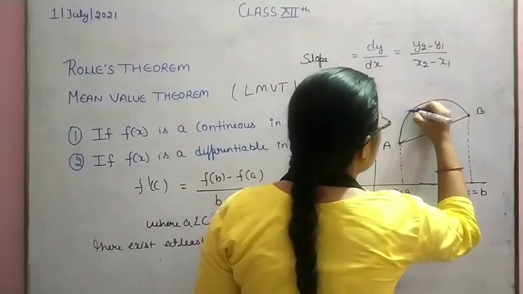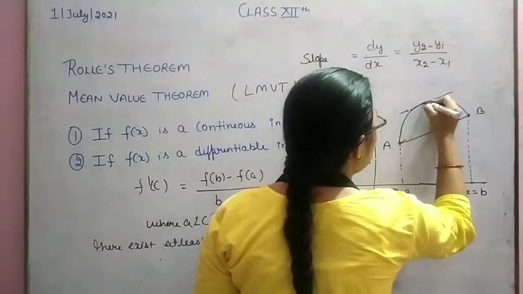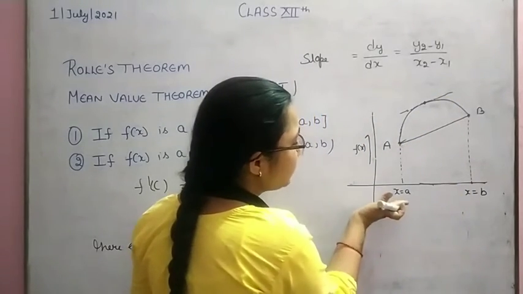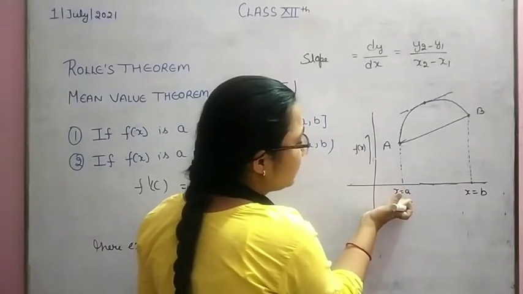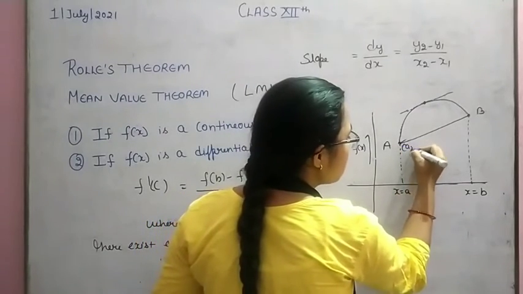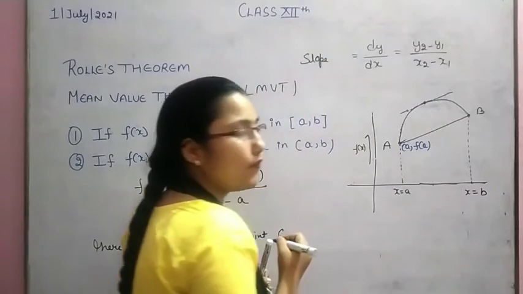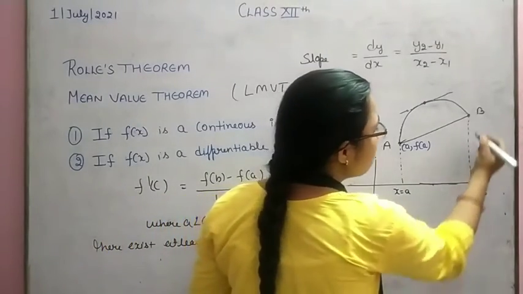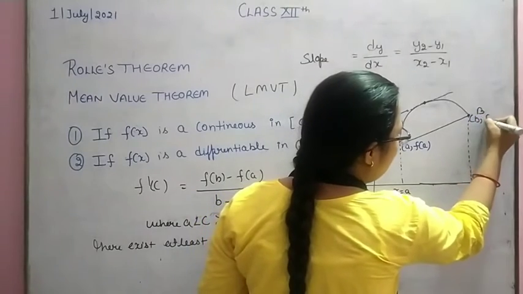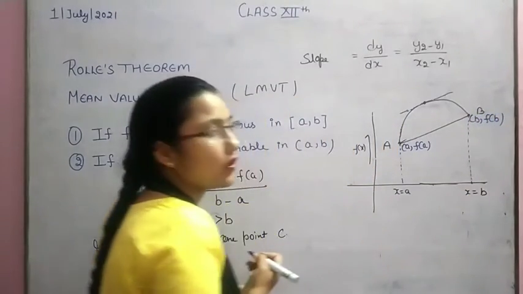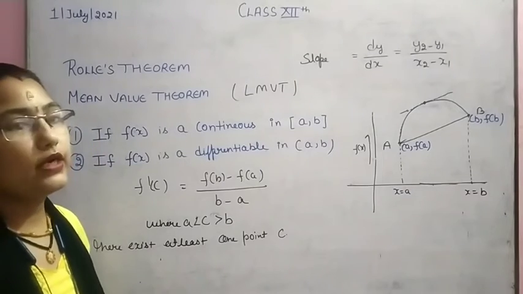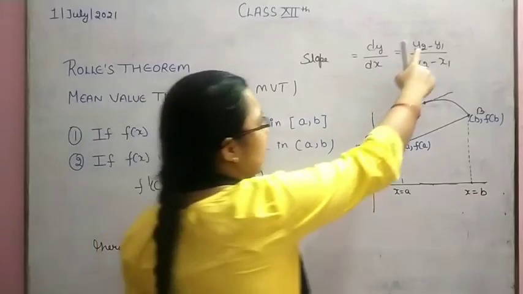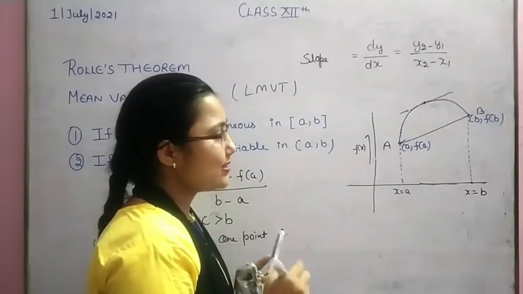So suppose we draw a tangent line like this, and this point is represented by x comma y. Point A is (a, f(a)), and point B is (b, f(b)). Got it? If we want to find the slope between 2 points, we have the formula (y2 minus y1) over (x2 minus x1).